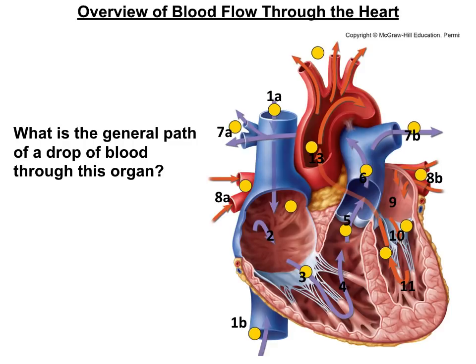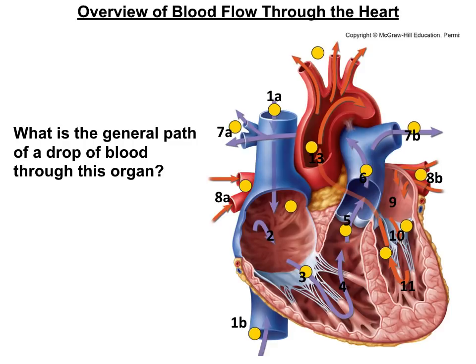So the coronary sinus receives blood from the myocardium of the heart. So all three of these vessels are deoxygenated, so they all should have minus.